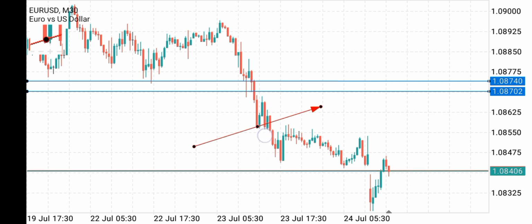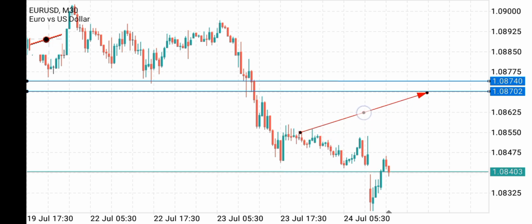So as you can see here, I'm giving an example. For instance, the price of euro USD is currently 1.08702, and euro USD then increased from that price up to a new price of 1.08740.